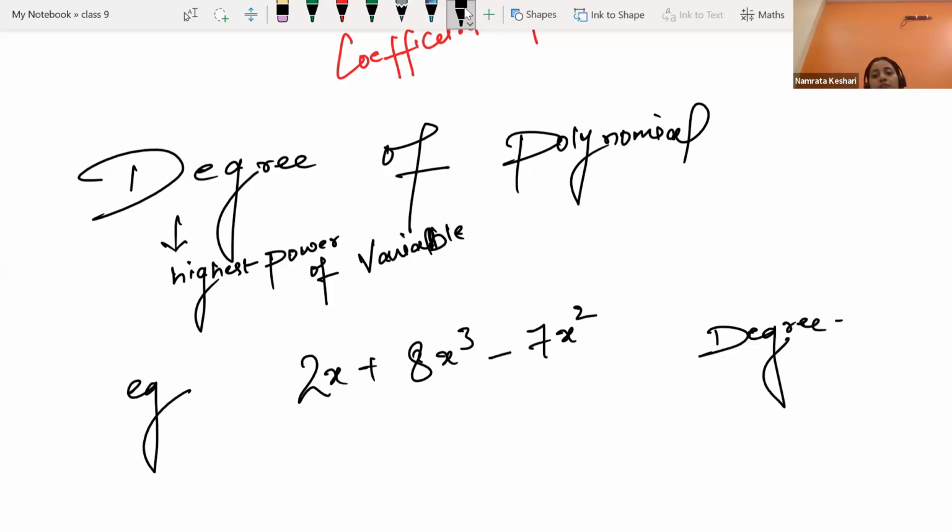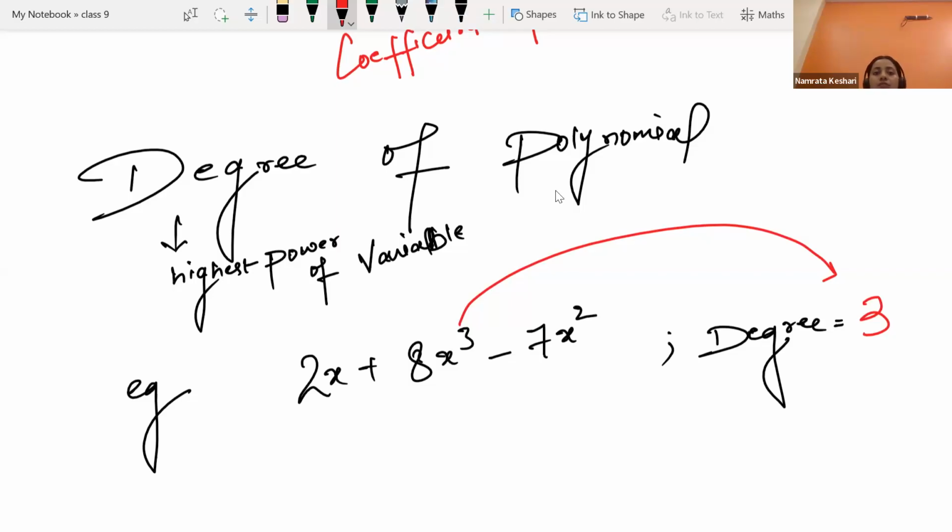We are just going to talk about the power. Pranav and Naisha, the highest power. So the degree is 3 over here. This 3 came from the exponent, we just need to write it over here. Getting it? Yes, ma'am.